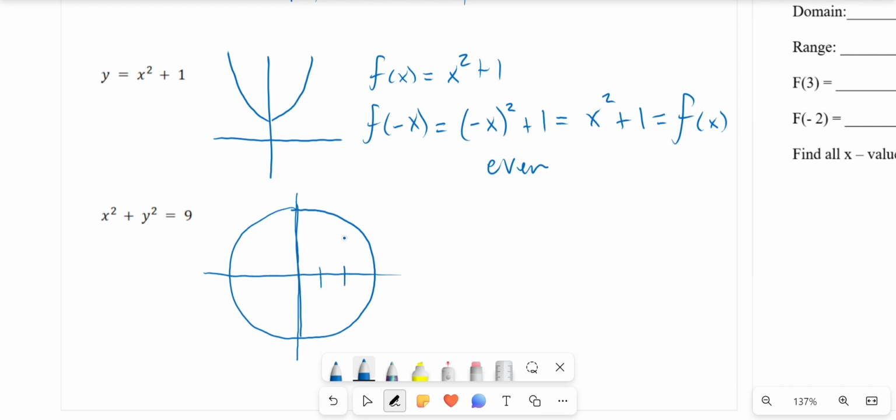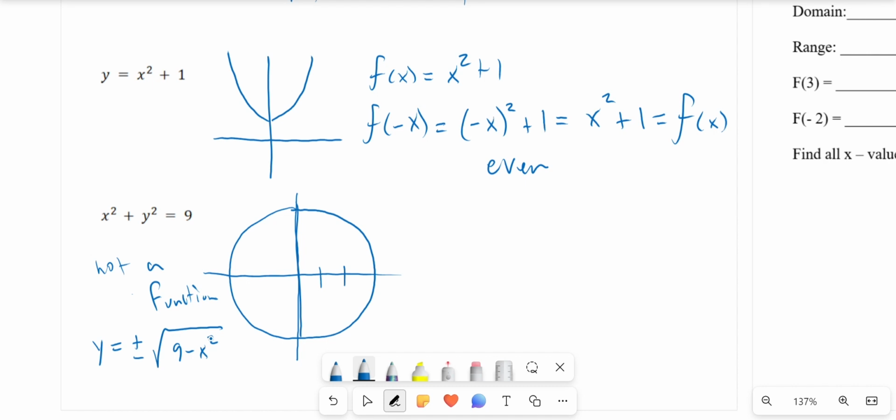And so, no, it's not a function. It fails the vertical line test. If you went to try to write this as a function of y, this is plus or minus the square root of 9 minus x squared. And so that's no good. That doesn't give us a function of x.